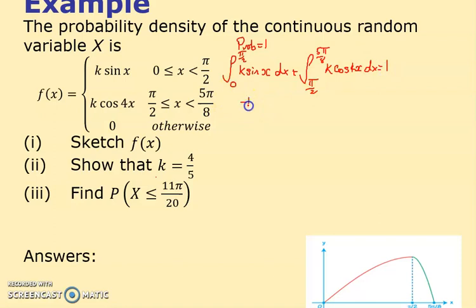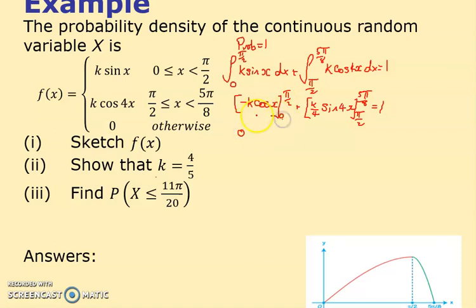So this, if you do it, is minus k cos x between 0 and pi by 2, plus k over 4 sine 4x between pi by 2 and 5 pi by 8. So I need to chuck those in. Pi by 2 is 90 degrees, so if I put that into cos, I get 0.